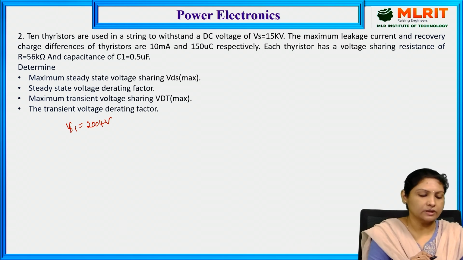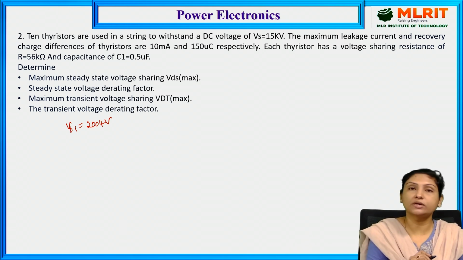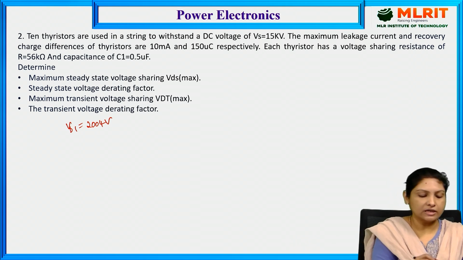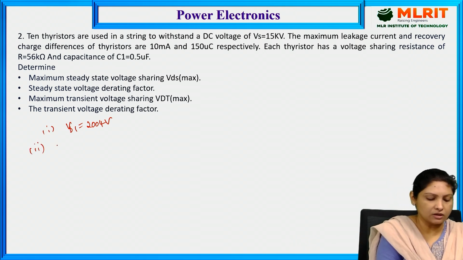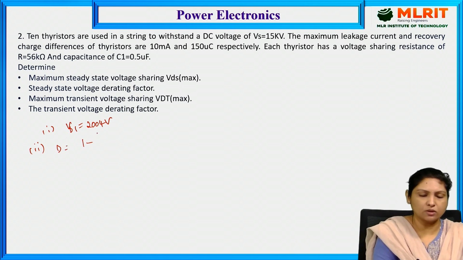Similarly, the second part is to calculate the steady state voltage derating factor. The derating factor is given by the formula D equal to 1 minus eta, where eta, since this is a series connected string, is Vs by N into VD1, into 100.